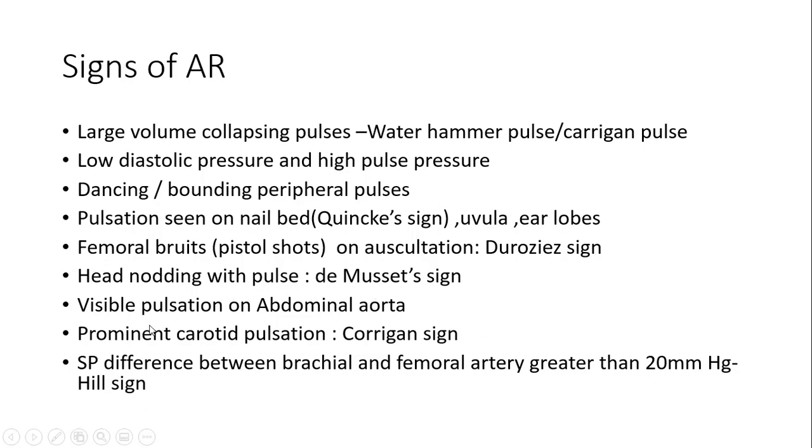We can even see visible pulsation of the abdominal aorta, and in some patients we can see prominent carotid pulsation, that's called Corrigan sign. If we measure the systolic blood pressure difference between the brachial and femoral artery, that would be greater than 20 mm Hg. I have some videos of signs of aortic regurgitation in the next slides.